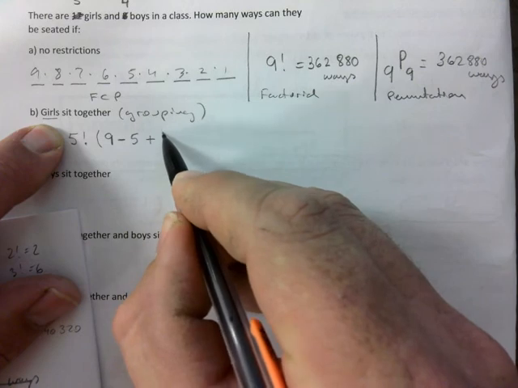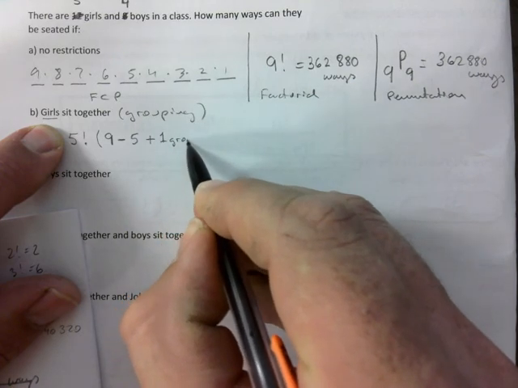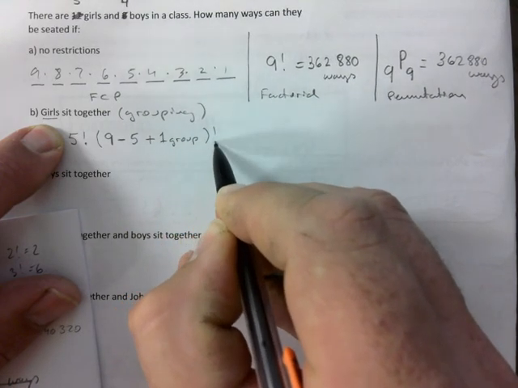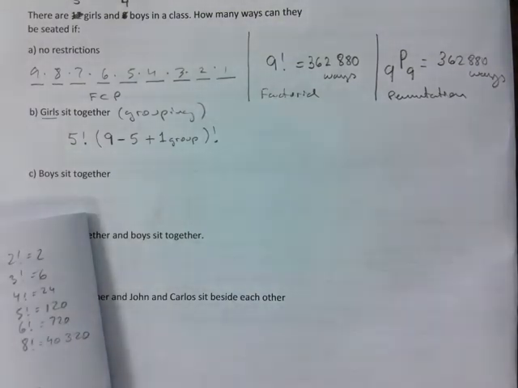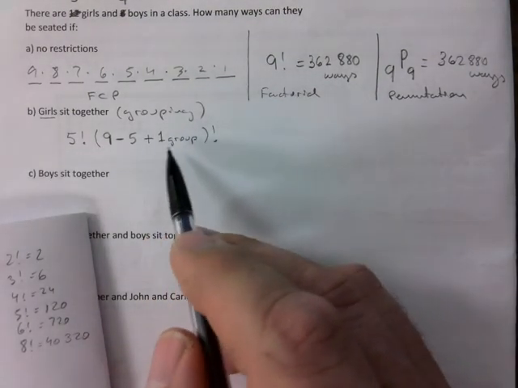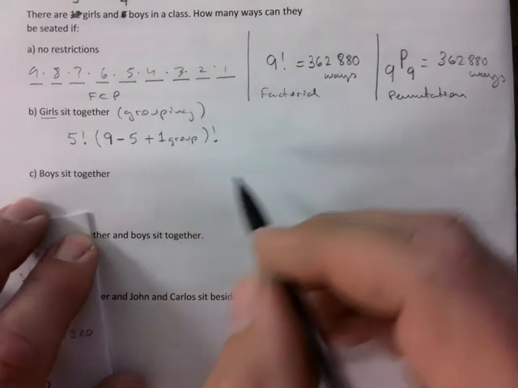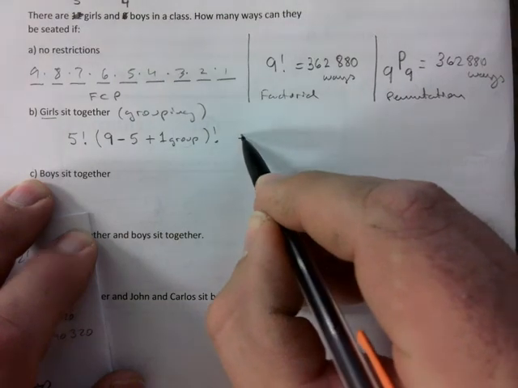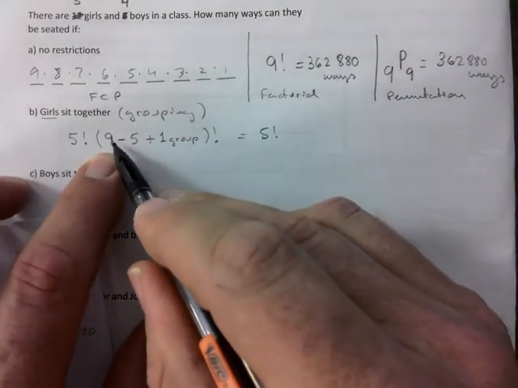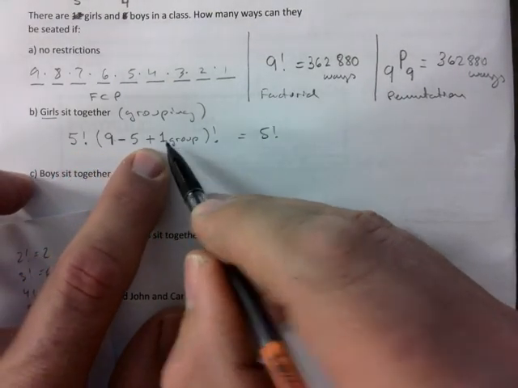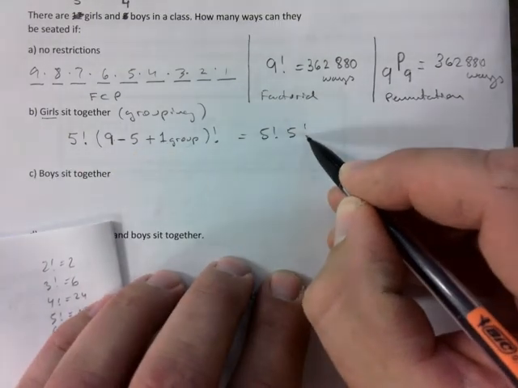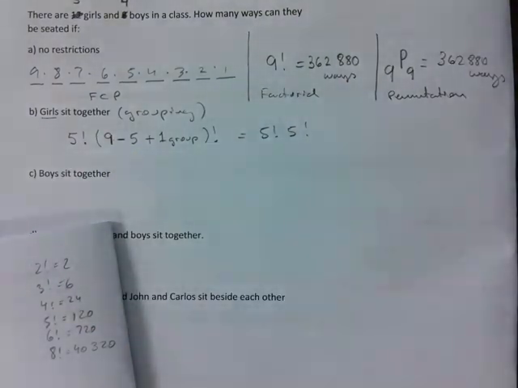Just one group, right? One group. How about I do that in your notes? I will actually do that, hey? That is a good, to tell you, where did I get this from? It's like, oh, there's one group. That's why I went plus 1. So then we go and clean this up a bit. This would be 5 factorial. 9 minus 5 is 4, plus 1 is 5. Coincidentally, 5 times 5, that's what it is.